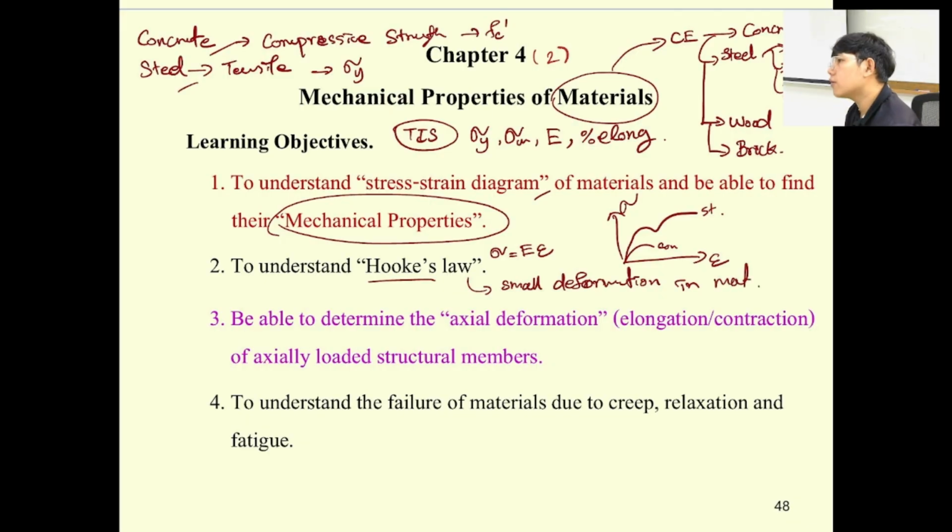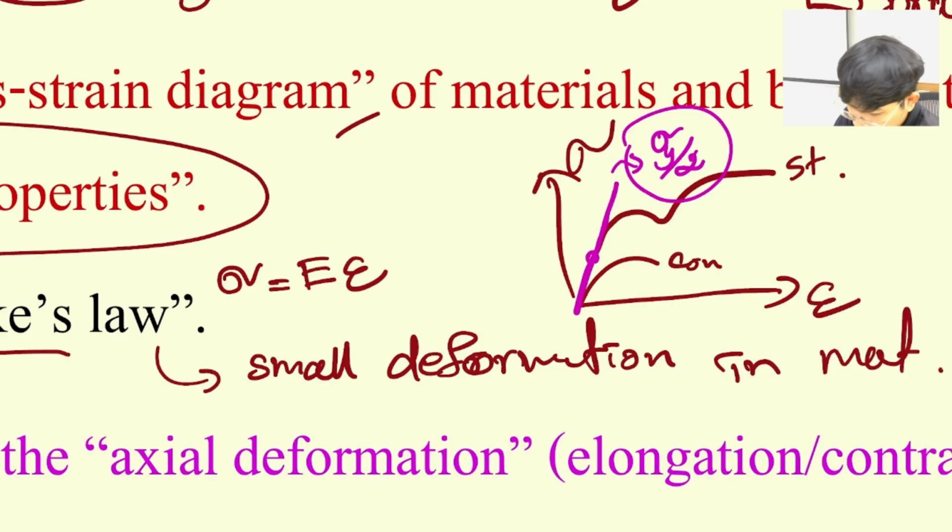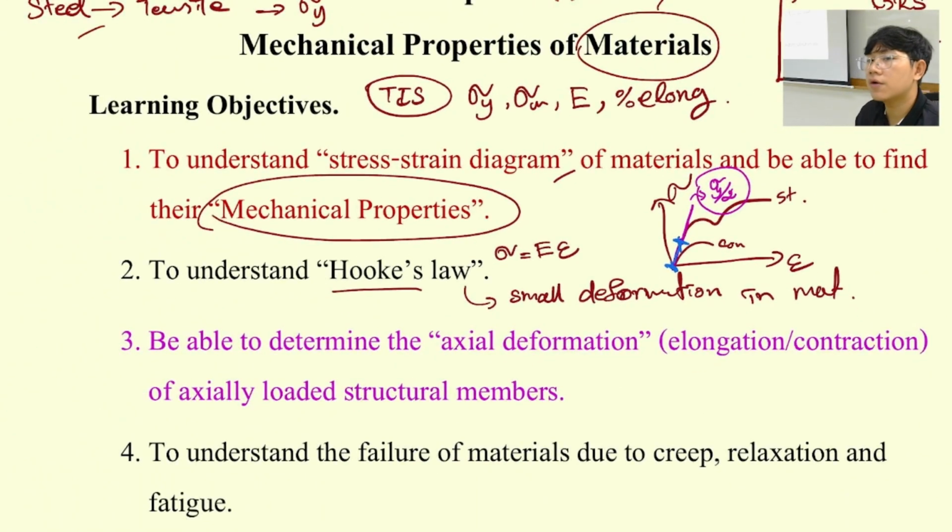Basically Hooke's law wants you to use the material capacity in between, or maybe half of the yielding, sigma y divided by 2. So most of the time it's in between. If you zoom in on the curve, it's supposed to be between here and this one for Hooke's law, which is going to be a really small deformation that occurs after designing the members.